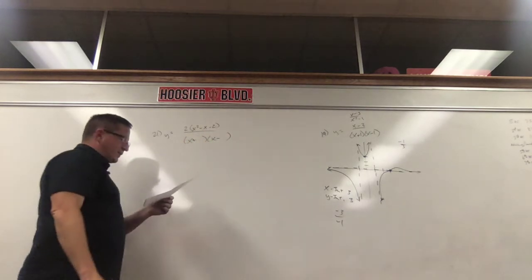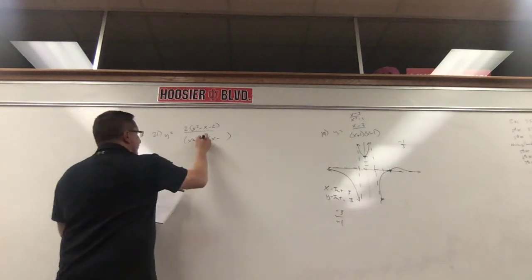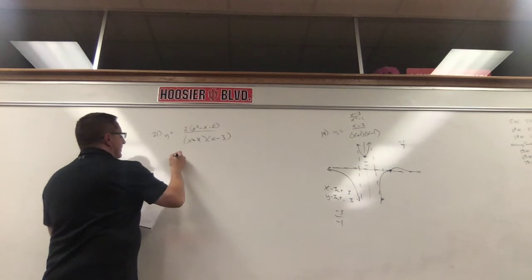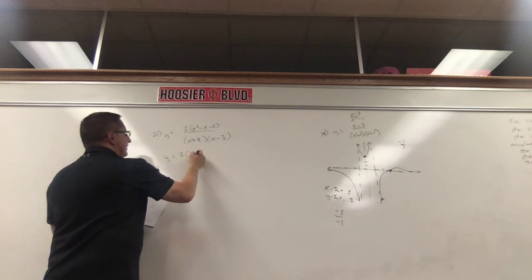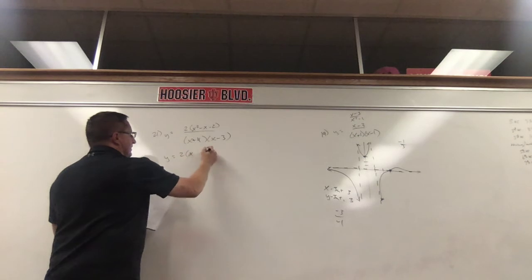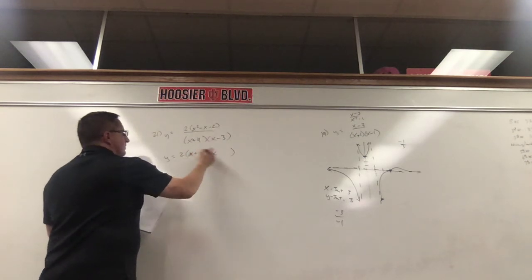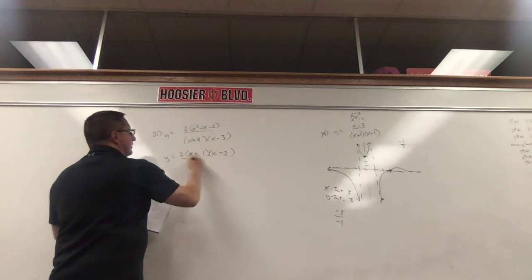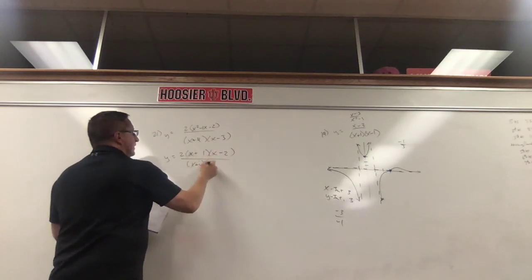How do we times to get negative 12, but add to positive 1? Positive 4 and negative 3. The top factors further, I believe. Yes, it does. So we have 2, x and x, plus and minus. How do we times to negative 2 and add to negative 1? Negative 2 and positive 1 over x plus 4, x minus 3.